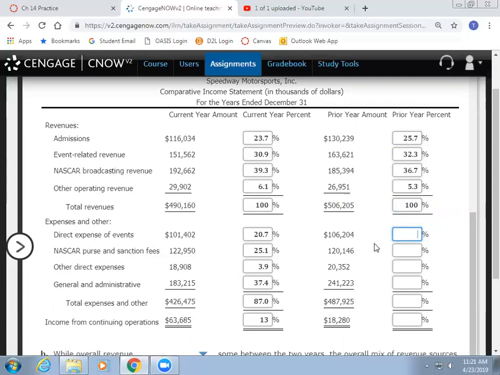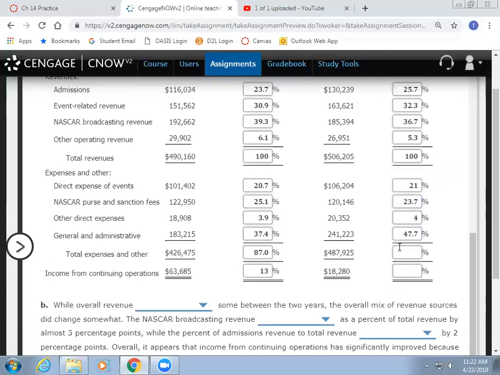Direct expense would be 21%. NASCAR purse, 23.7. Other direct, 4%. General, 47.7. Total expenses, 96.4%. And income, 3.6.